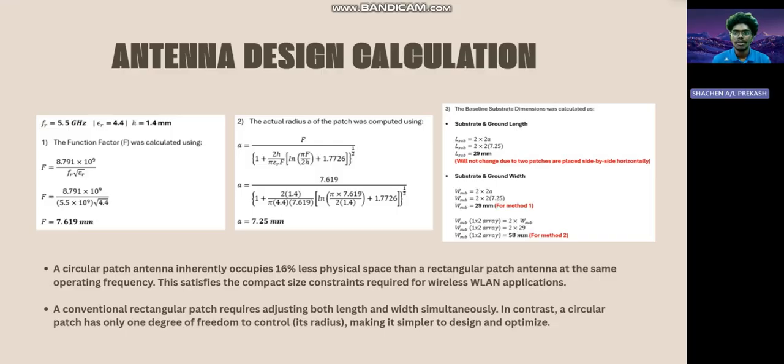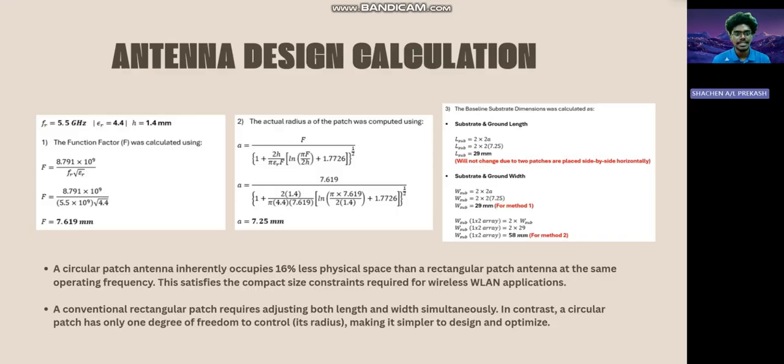Next, for the baseline substrate dimensions, there are two calculations: L sub is 29 millimeter, and W sub is 29 millimeter. So W sub for the 1 times 2 array is 58 millimeter.